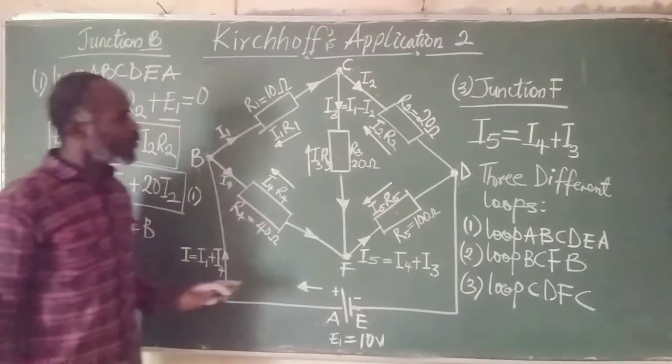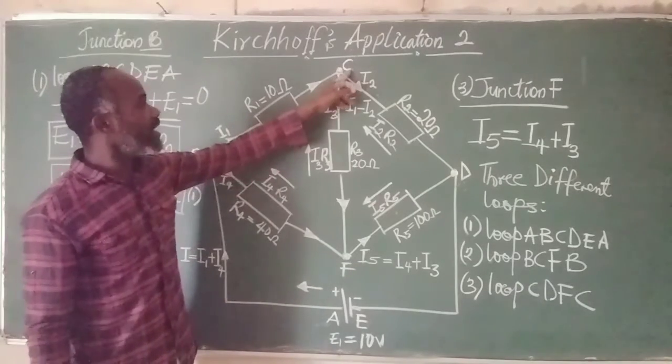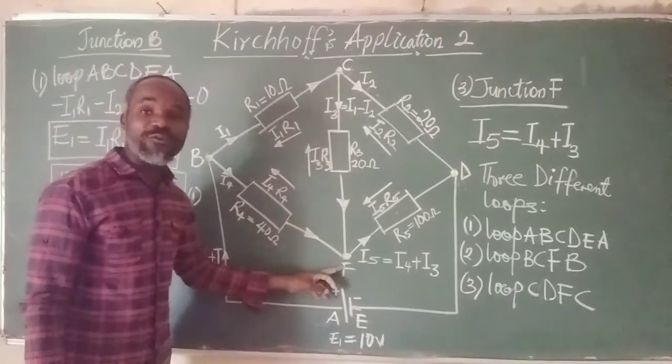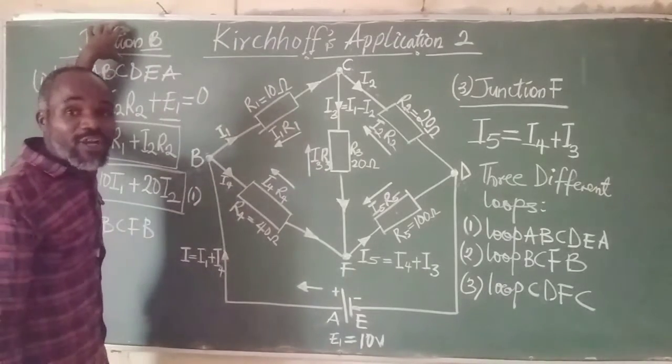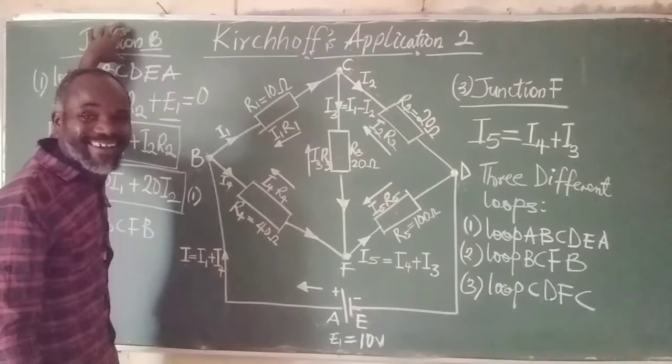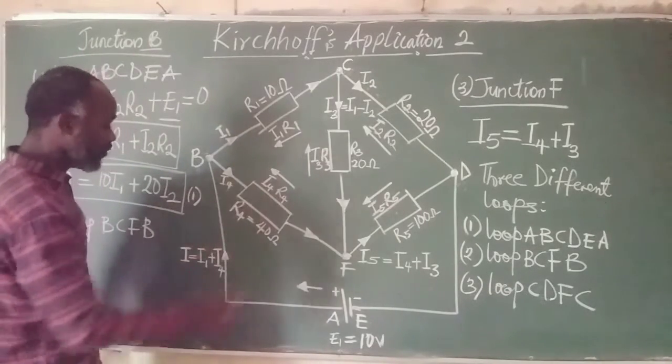So let's see what BCFB is all about. This is B, C, F, and back to B. So we are still working on junction B. Very, very interesting. So let's just do that quickly before we move on to the next one.